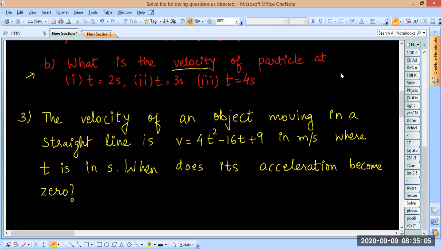Understood? So in some ways, in my opinion, physics is worse than maths, right? Because in maths you just have to do calculations. In chemistry you have to understand everything and you have to remember it. In physics you have to understand also and you have to do calculations also, right?